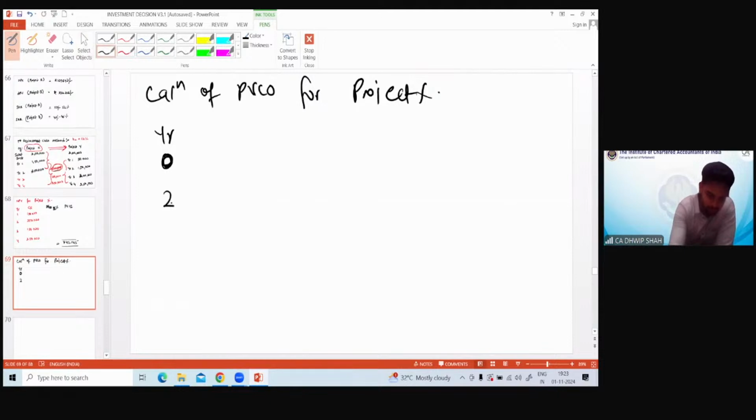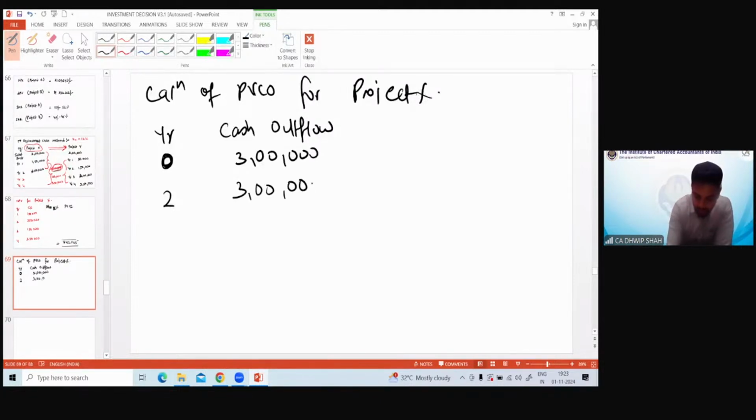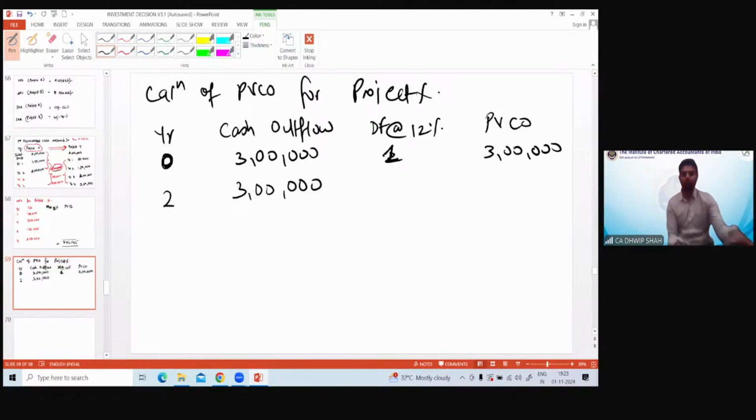So the cash outflow would be 3 lakh at point 0, that is today, and again I will incur an investment of 3 lakh at the end of year 2. You will discount this also at 12%. Today's 3 lakh will always be equal to 3 lakh today, so you do not discount it. You have to just discount the 3 lakh of outflow at the end of year 2.